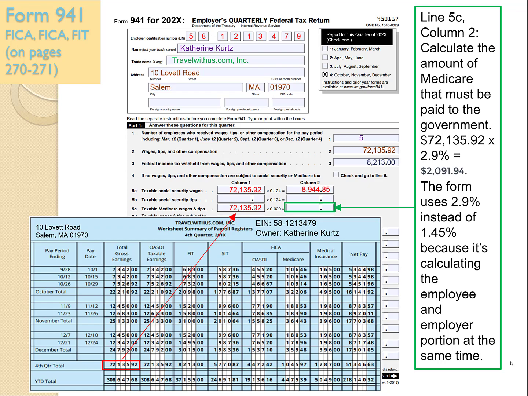And that will give us $2,091.94. The form uses 2.9% instead of 1.45% because it's calculating the employee and employer portion at the same time, just like for the Social Security tax.